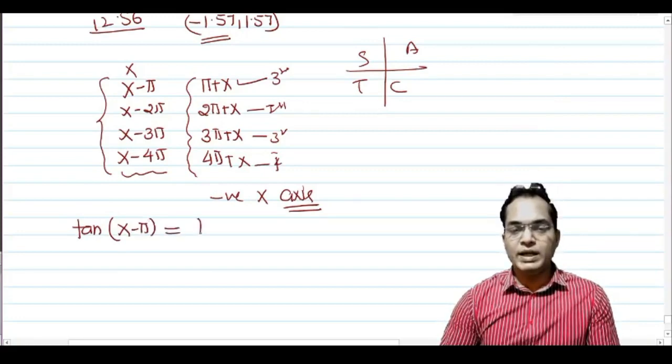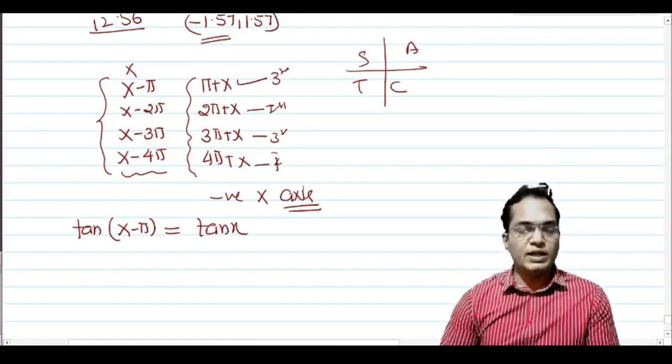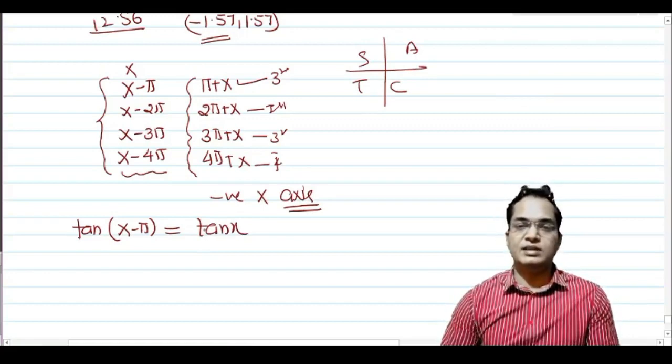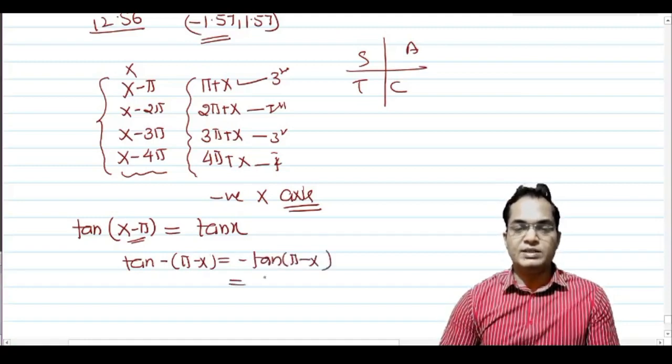Is it equal to tan x? If it is equal to tan x, then it is correct. If it is not equal to tan x, then it is not correct. And it is so obvious that it is equal to tan x, because by solving this, you can take the minus common. This is π minus x, and the minus sign is outside, and in the second quadrant, as we know, tan is negative and it is ultimately positive.